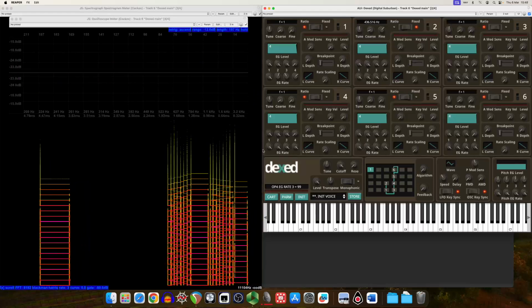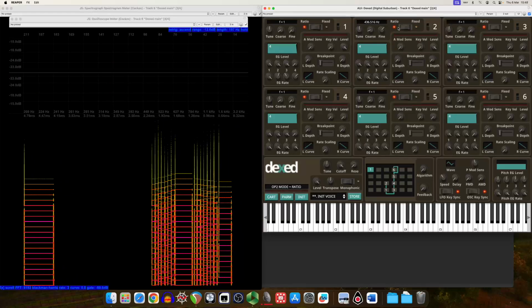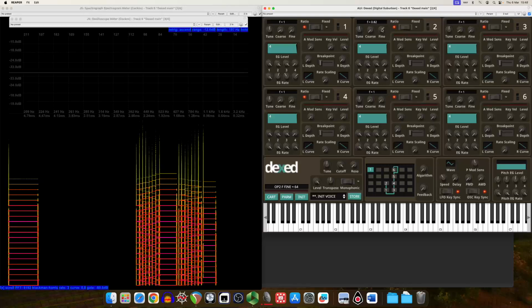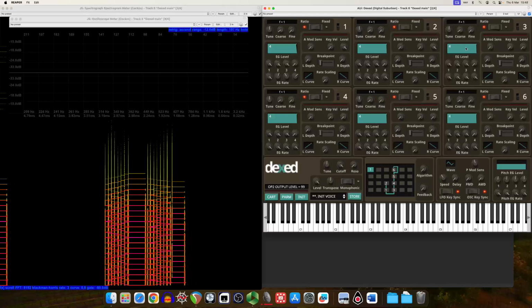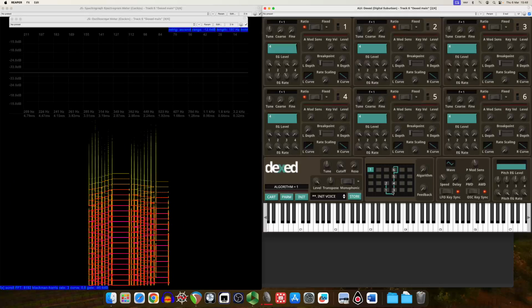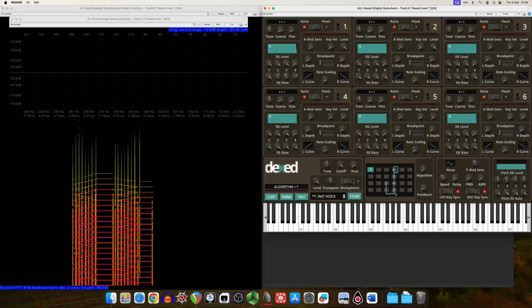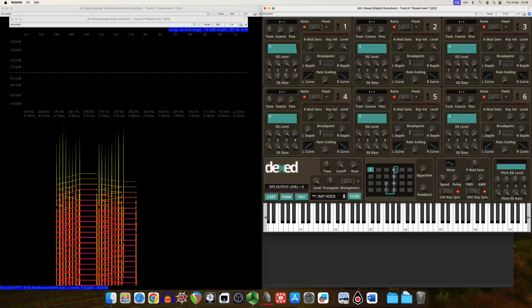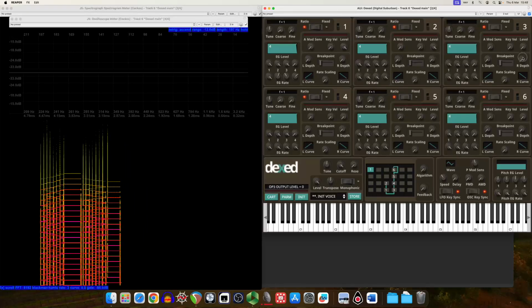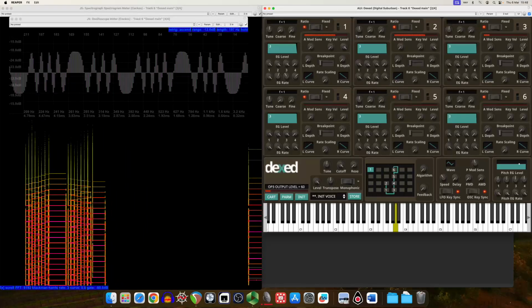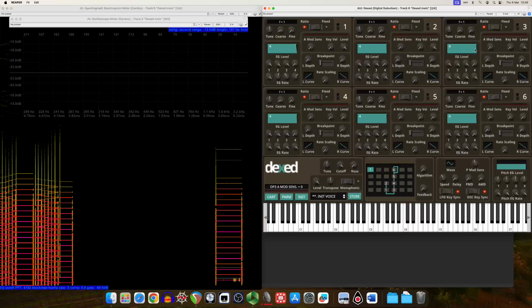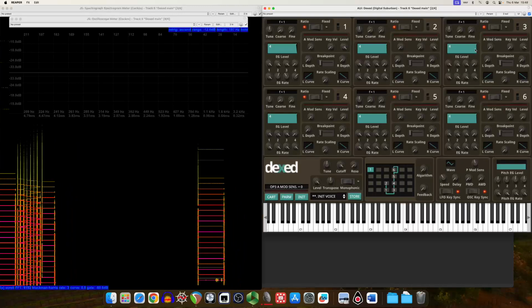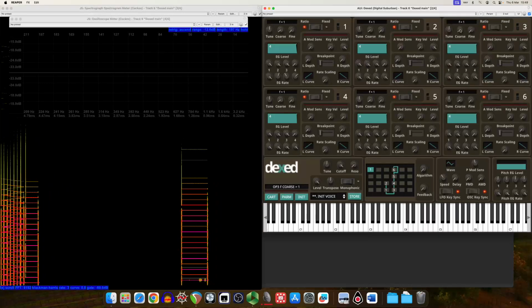Let's go back to ratio mode for operator 2 again to get back to a harmonic sound, and then explore adding more operators. Any operators connected horizontally are going to add instead of performing modulation, so we could turn up the level on operator 3 to add it to the tone. And there we go. We could turn down the coarse control on it to 0.5.